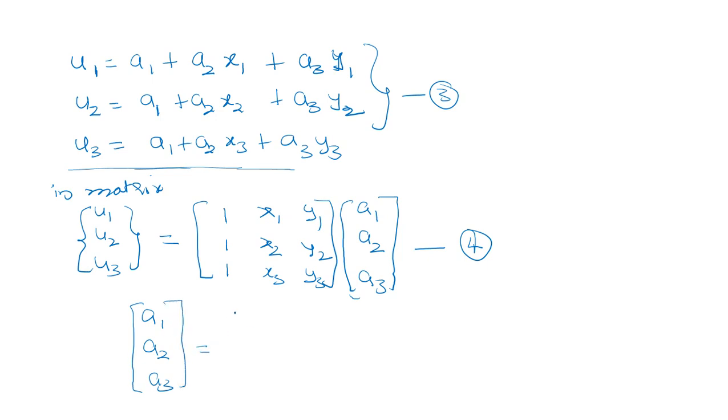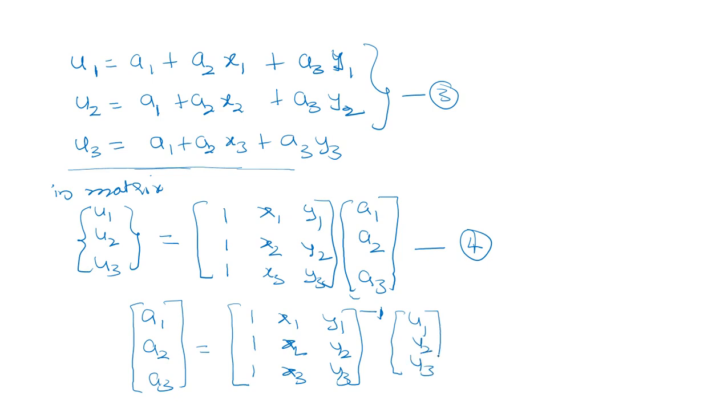For that, we write the matrix 1 1 1, x1 x2 x3, y1 y2 y3, as an inverse because we are taking it to the other side, multiplied with the vector u1 u2 u3. This is equation number 5.